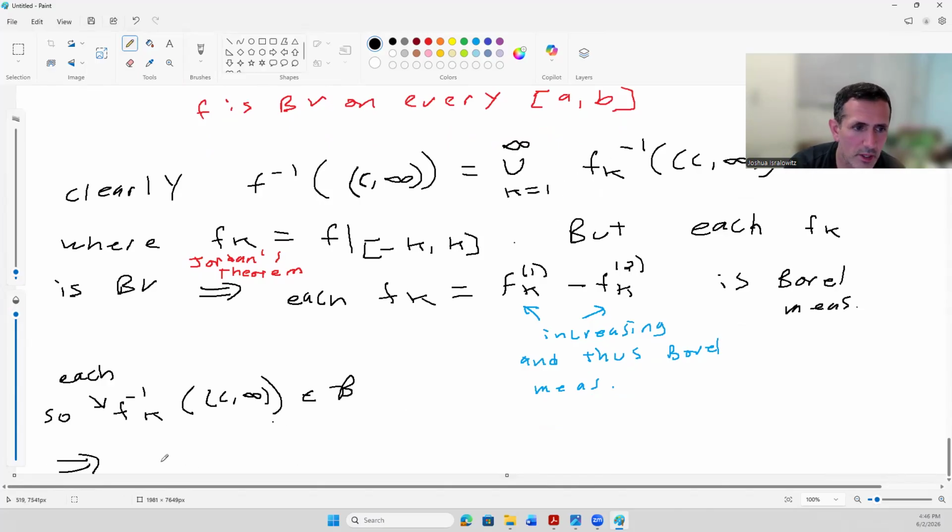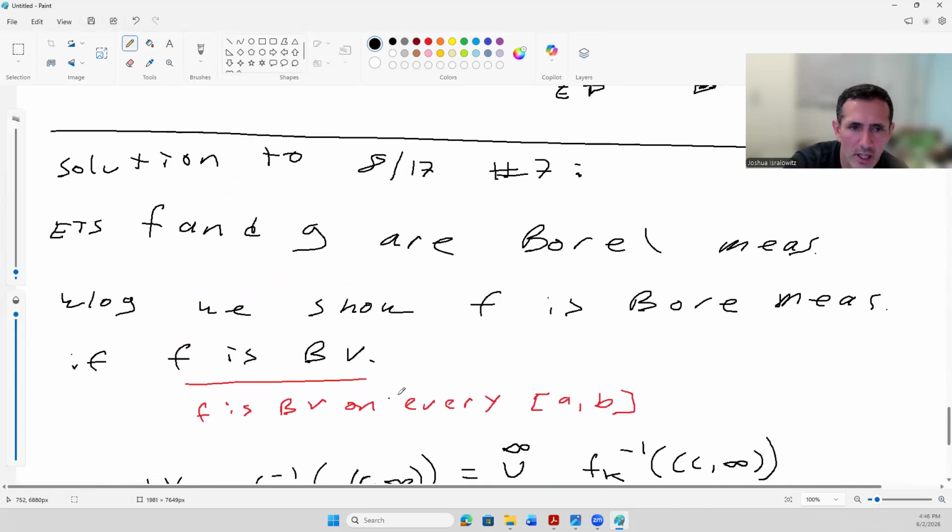Whereas the union, that means the inverse image. Once you get all these little propositions out of the way, the proof of the problem is very quick, very clean, very slick.